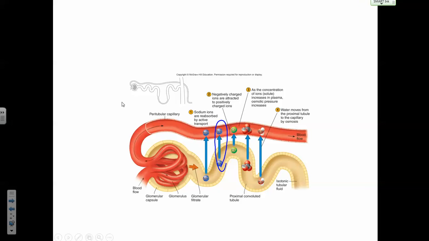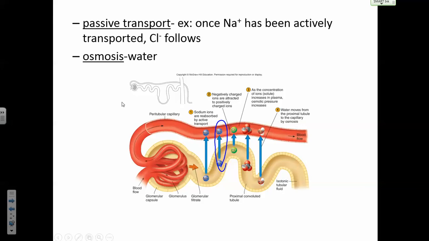Right, and I'm kind of getting ahead of myself on this picture, but we'll come back to this picture. Another kind of transport is passive transport. Okay, I didn't use that term with you in AP1 for passive transport, but that's just normal diffusion. Okay, it's just regular old diffusion, and it doesn't require extra energy.